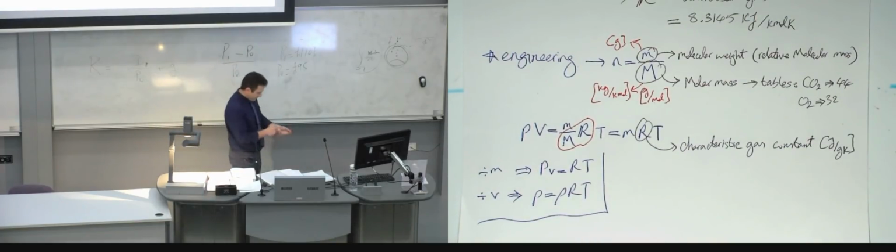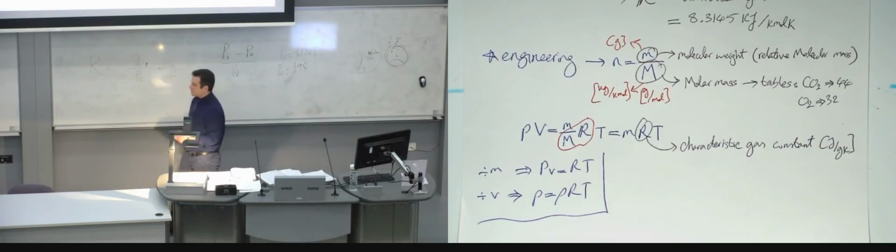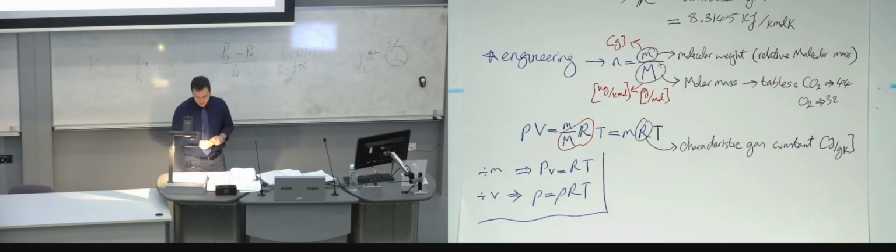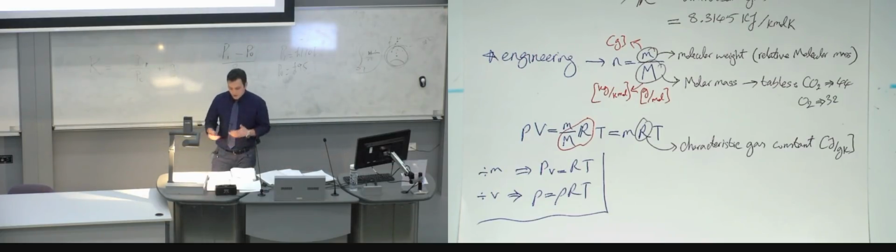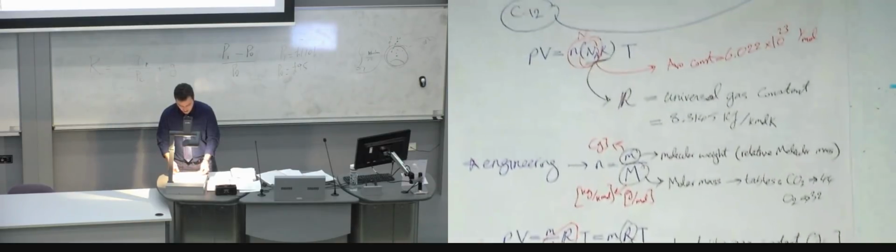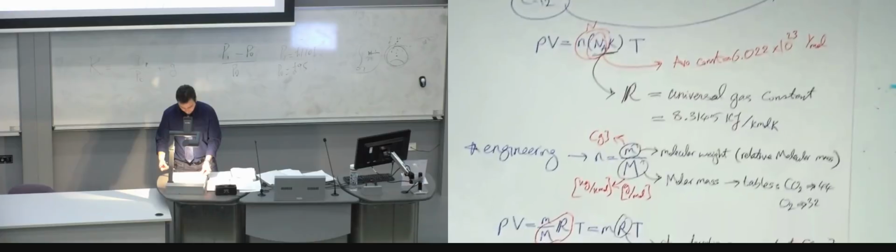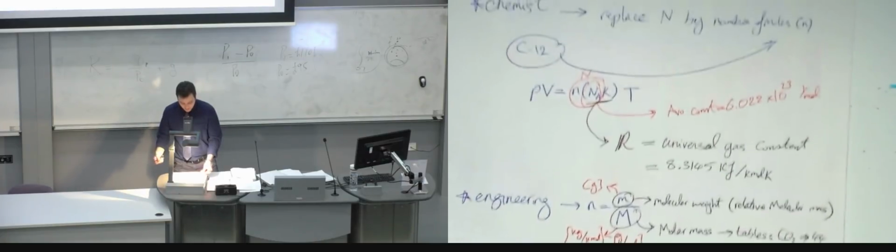So that was a bit of history about where we get all the different forms of the equation. If you search for the equation of state, you will see any of these forms, and I don't want you to be confused. For example, PV equals nRT is actually quite common.